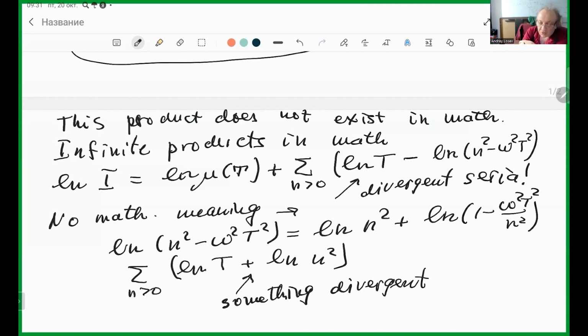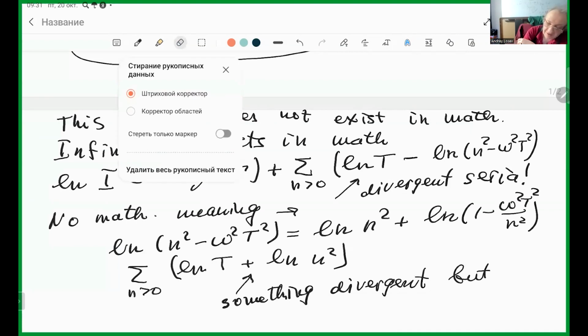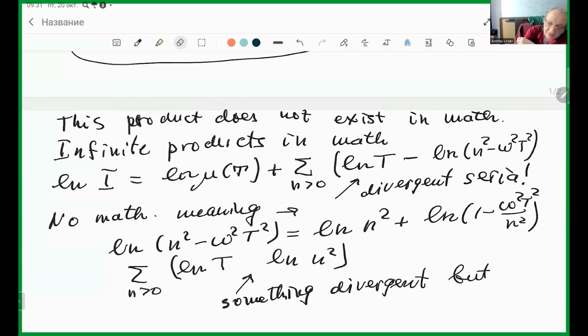I just want to show that it is really divergent. Or should it be minus log n squared? Minus log. You see, some signs are not important because they would disappear.